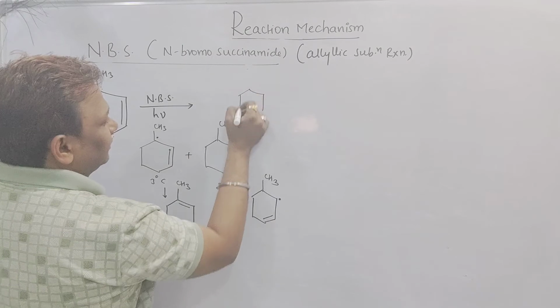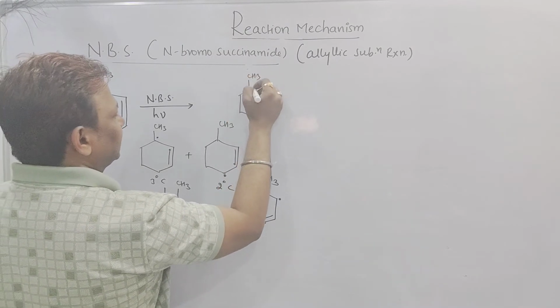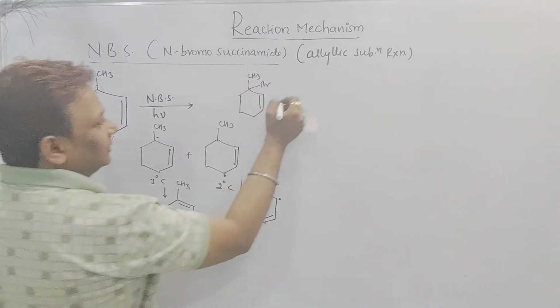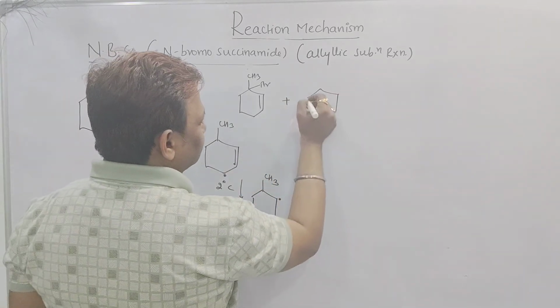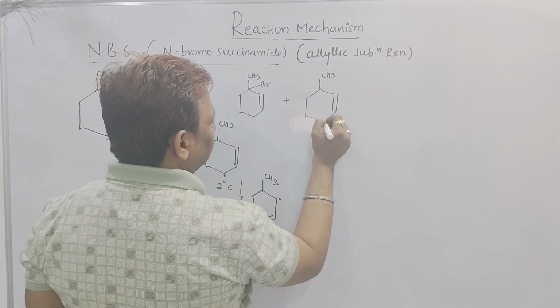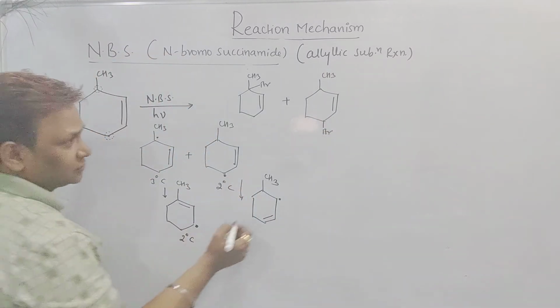So it is a cyclohexene bonded with a CH3. The Br from NBS will attack here, tertiary. Second possibility, beta, Br will attack here. That is a cyclohexene, then CH3, Br will attack here. Beta, Br will attack on this part also.